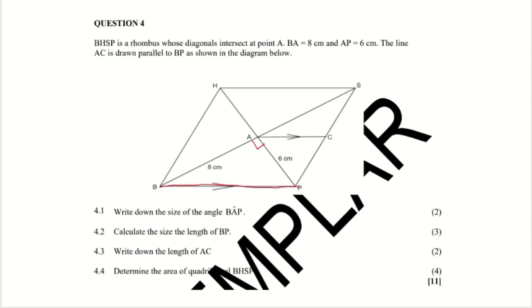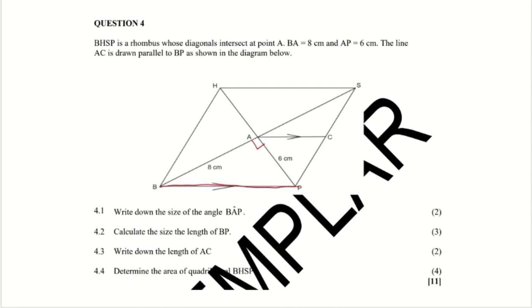And if we check the position of AC and BP, they are in a triangle. So whenever we see this, we are quickly reminded of the midpoint theorem. All right, so what does the midpoint theorem say? The midpoint theorem says that AC is equal to half the size of BP.